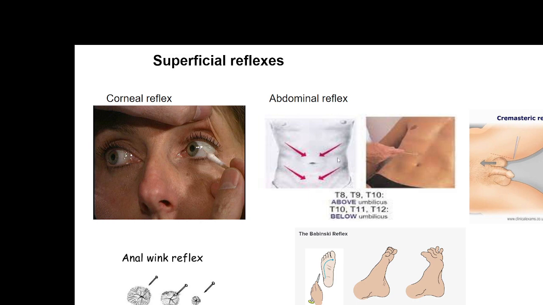Abdominal reflexes: if you touch the abdominal skin, or produce a scratch over the abdominal wall with a relatively blunt instrument or maybe with your hand, there would be a reflex contraction of the muscles. The abdominal muscles will contract, and this helps suggest the integrity of the thoracic segments, particularly the lower thoracic segments like T8 to T12.